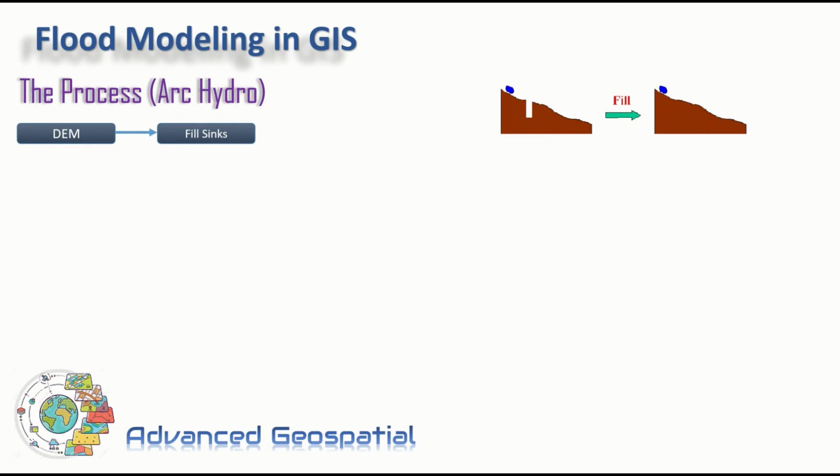Okay, what are the sinks? Actually, when we create digital elevation models from contours or from spot heights, during the interpolation there could be some outliers or anomalies which create errors in the data, which create wrong results. So the first most important step is to fill those sinks.